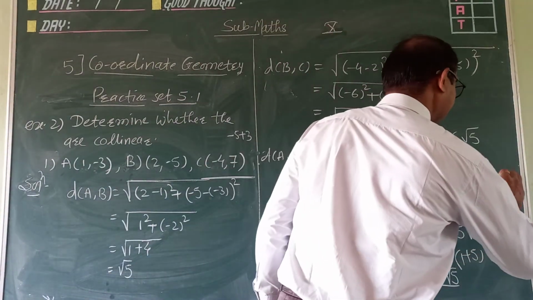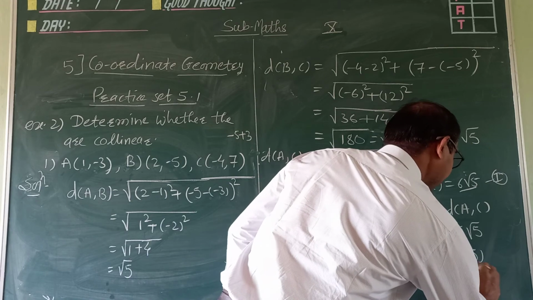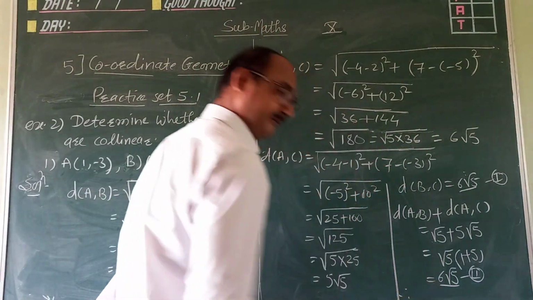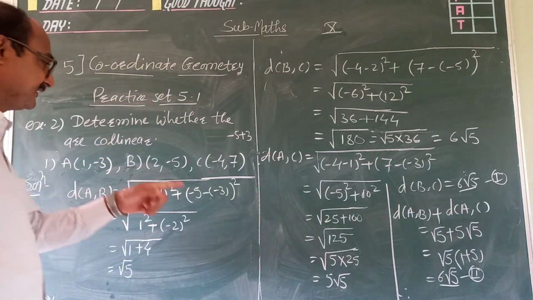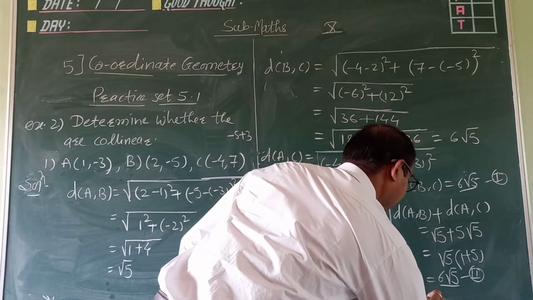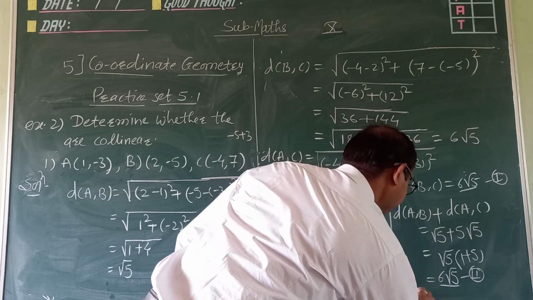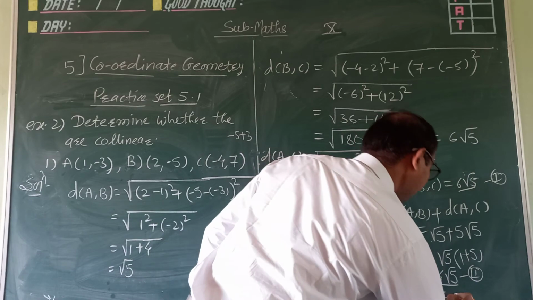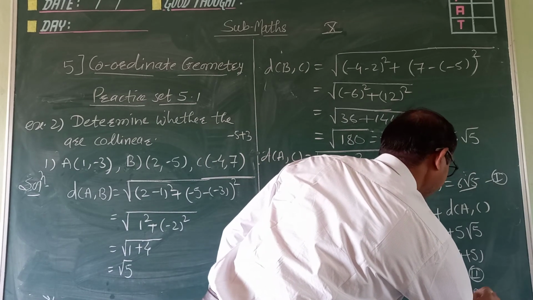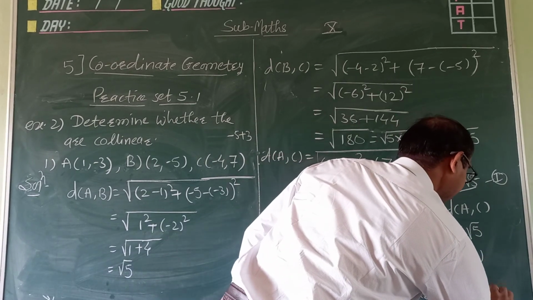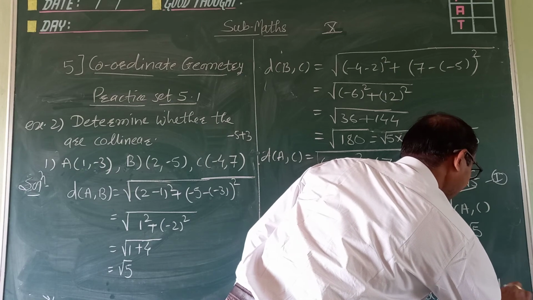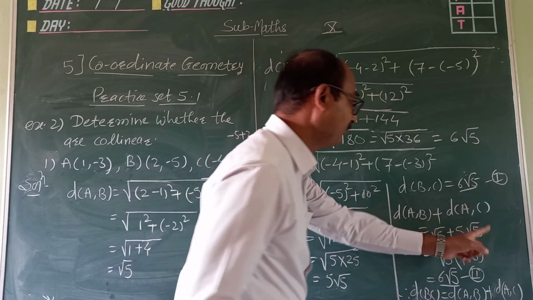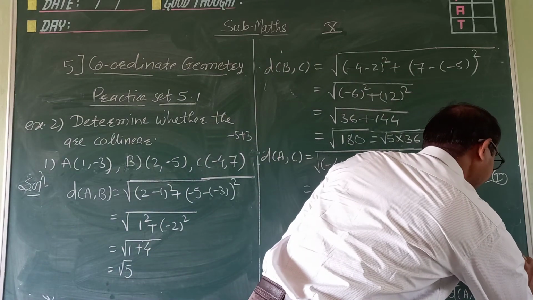Yes. Suppose this is first, this is second. If these two are the same, then what do you have to say? Therefore, these 3 points A, B, C are collinear. Here we can say distance BC equals distance AB plus distance AC. How do we say these two are equal? From first and second.